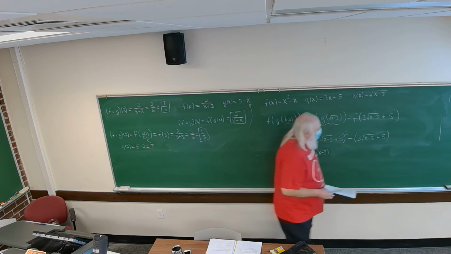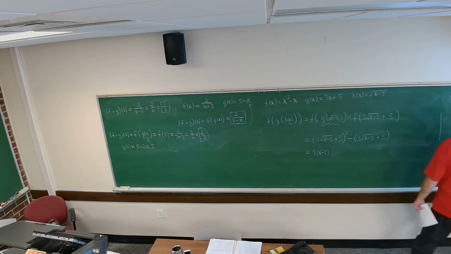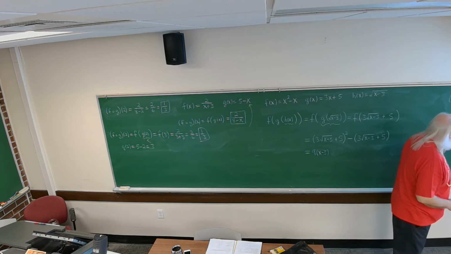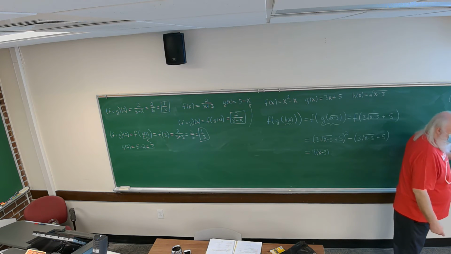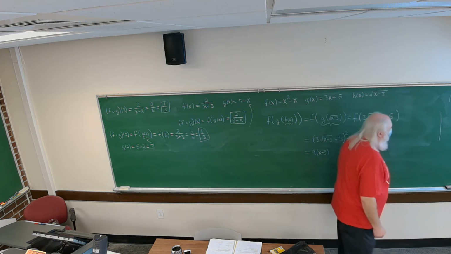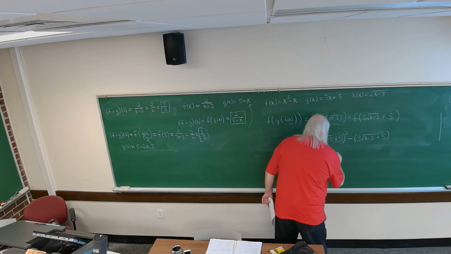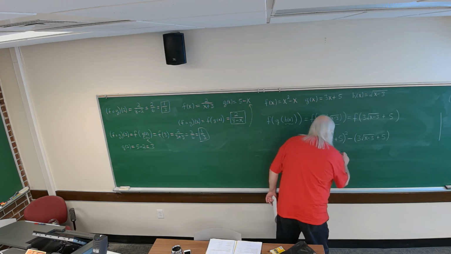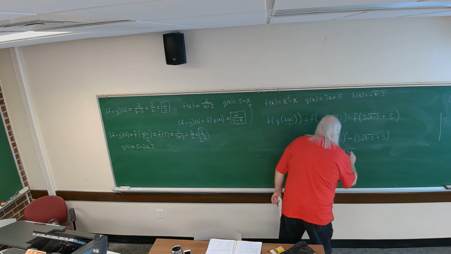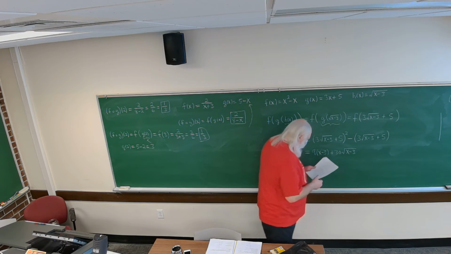The inner and the outer give the same thing, 15 times the square root of x minus 3. You get that twice, so when you add them together you get 30 times the square root of x minus 3.